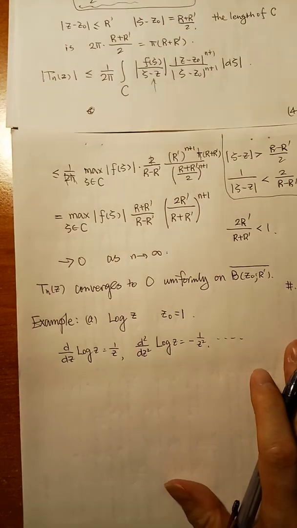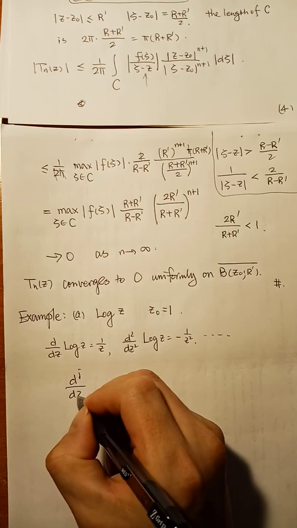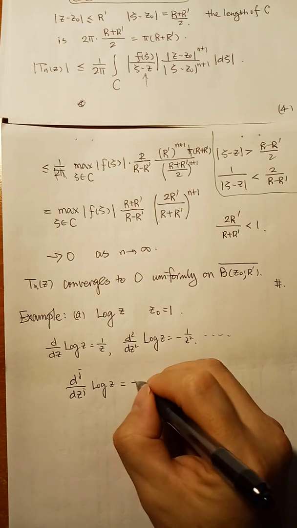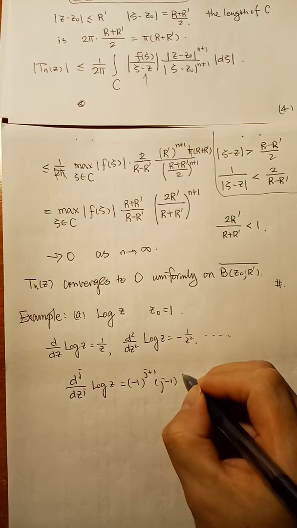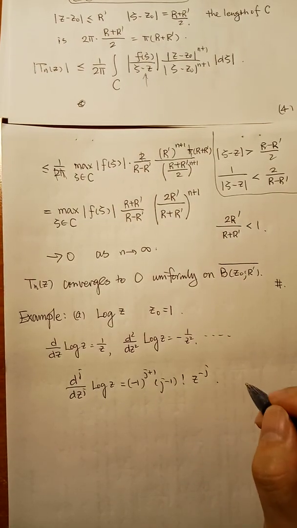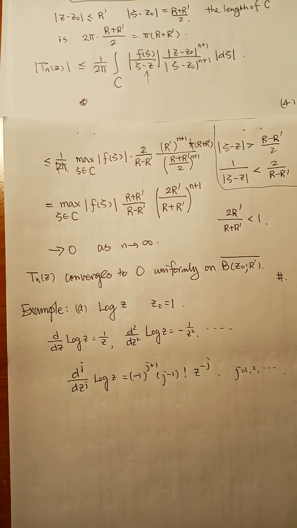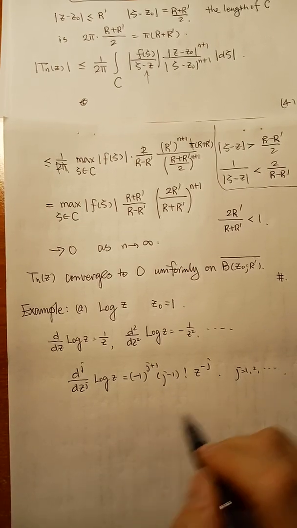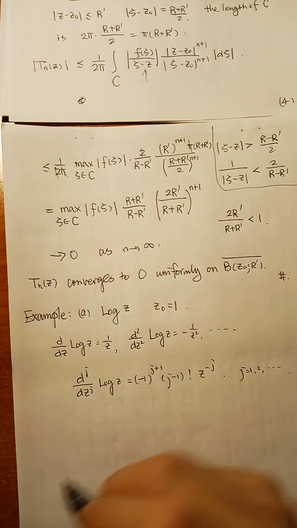After some computation, you can get the pattern. The jth derivative of the logarithmic function is equal to negative 1 to the power j plus 1, times j minus 1 factorial, and z to the power negative j, for j equal to 1, 2, and so on. Okay, so that's the higher derivative, all the orders of derivative. Then we evaluate them at z0, which is 1.